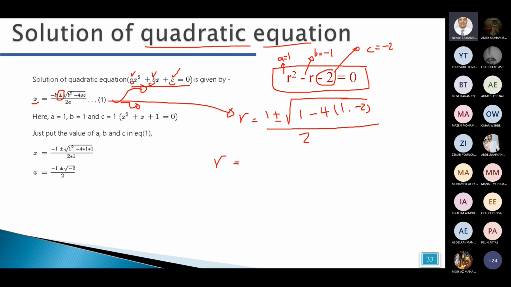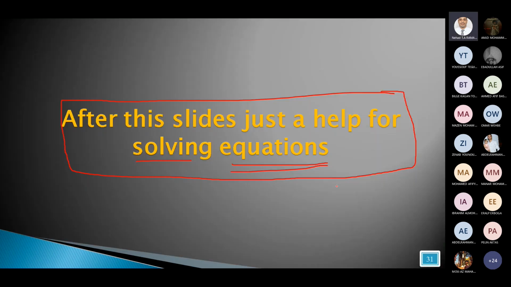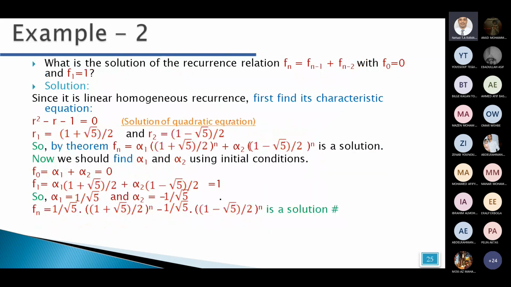So r equals 1 plus or minus the root of 1 minus 4 multiplied by 1 multiplied by minus 2. So minus minus becomes a plus 8. Is it our equation? Is it minus 2 at the end?